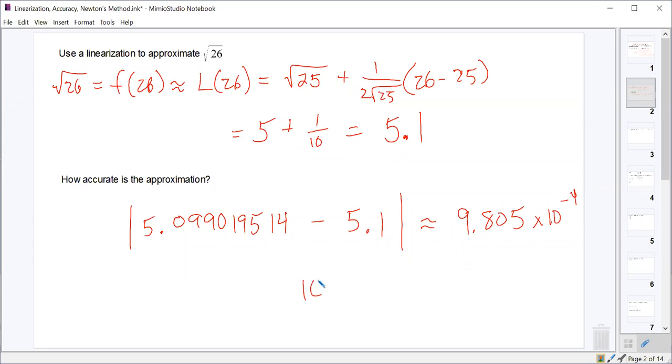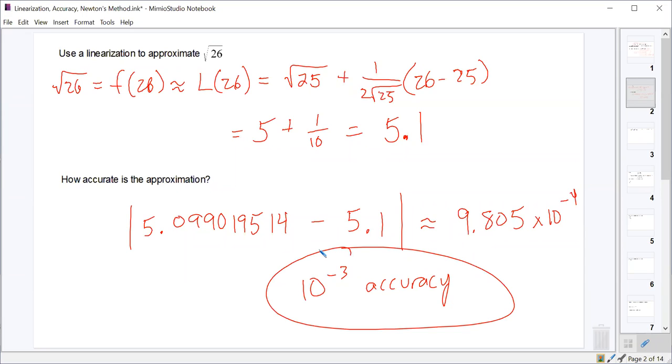So we would say that it has accuracy of 10 to the negative 3, 1 power higher than this is. Right, so we're accurate to 3 decimal points here, basically. We're off by less than 1/1000. Does that make sense?